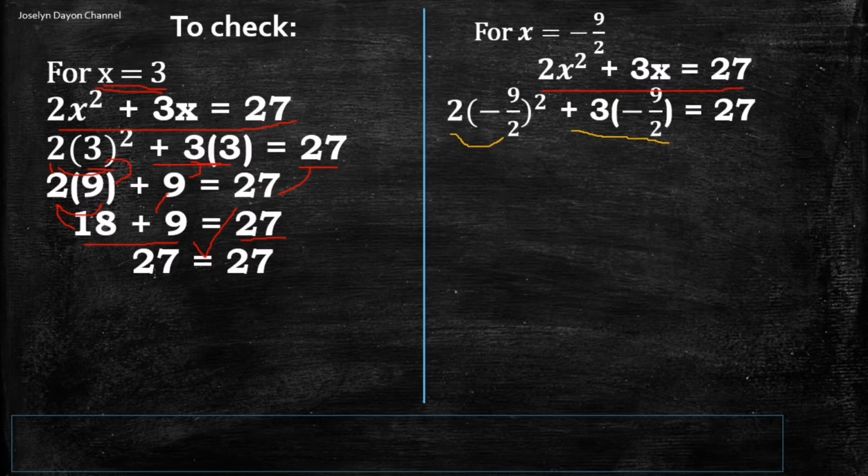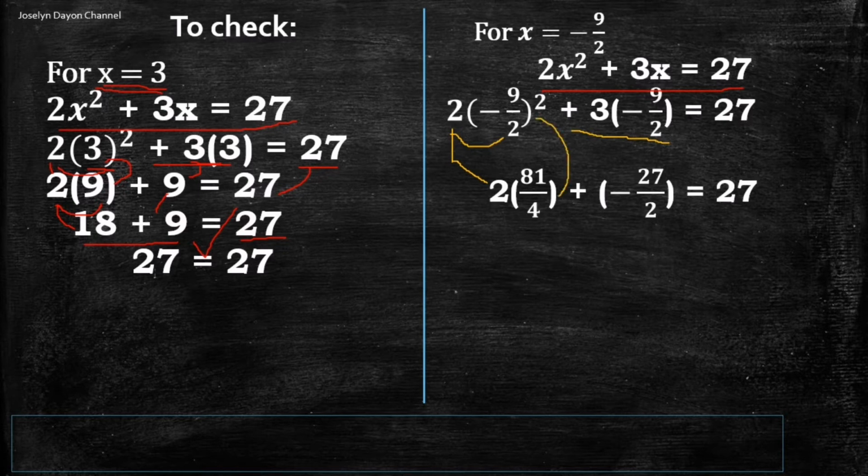Simplify further. Copy 2. Then, the quantity of negative 9 over 2 squared is equal to 81 over 4. How did we get this? Negative 9 times negative 9 is 81. And in the denominator, 2 squared, so 2 times 2, is equal to 4.